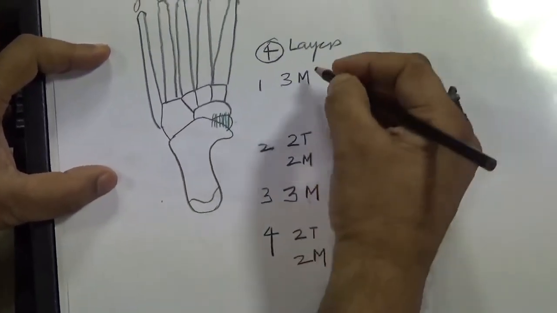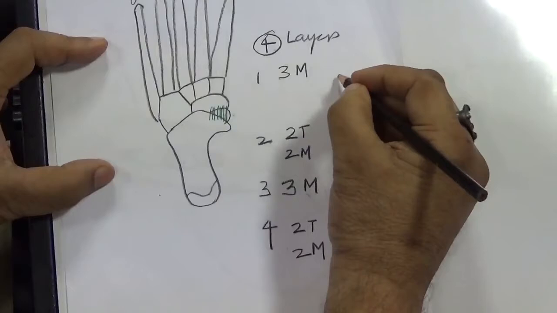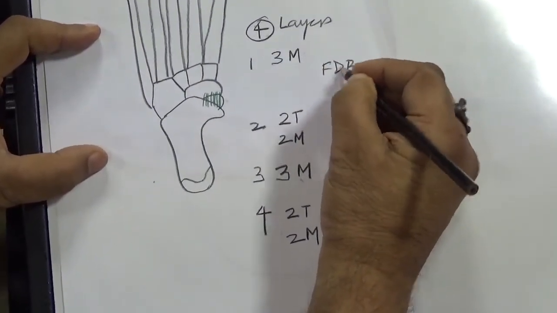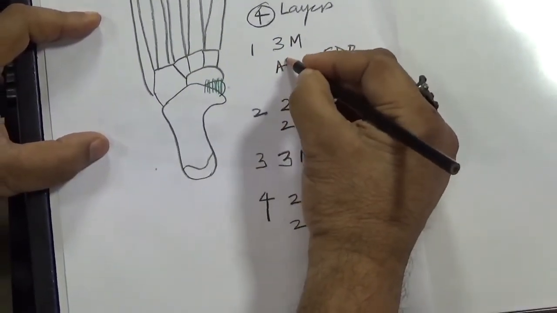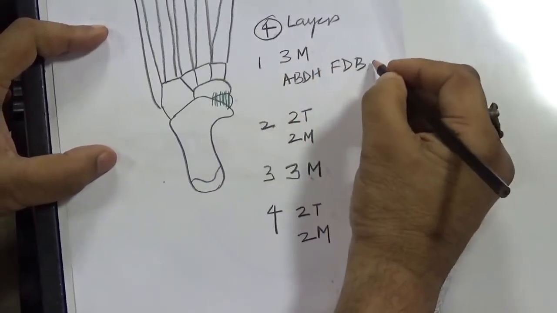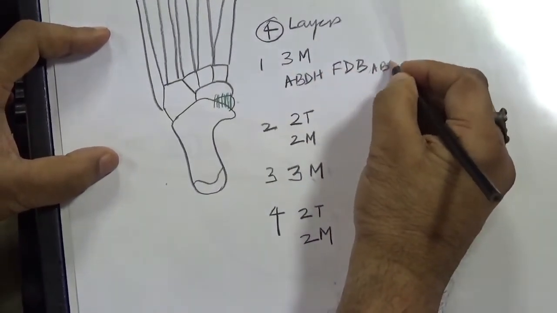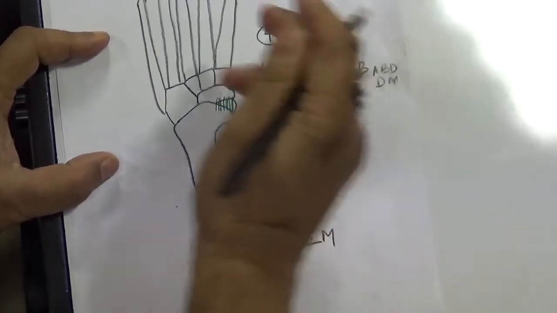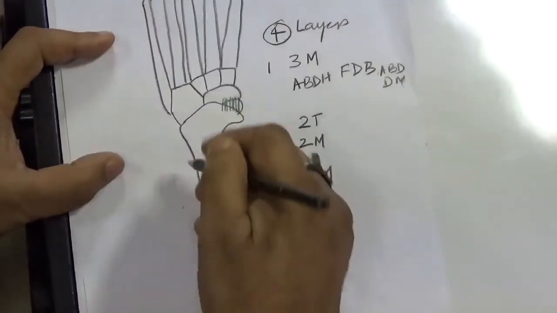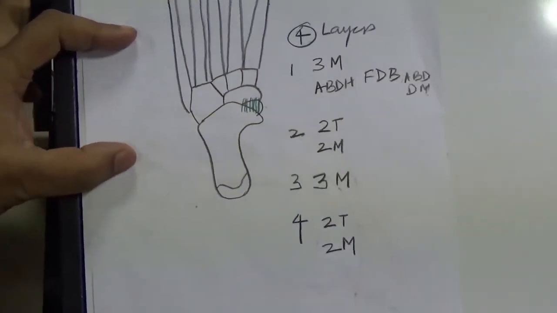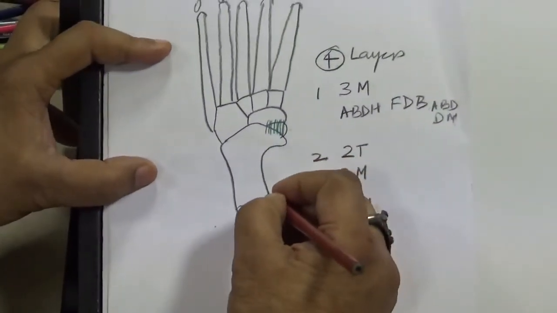The 3 muscles in the first layer are flexor digitorum brevis between abductor hallucis on this side and abductor digiti minimi on this side.